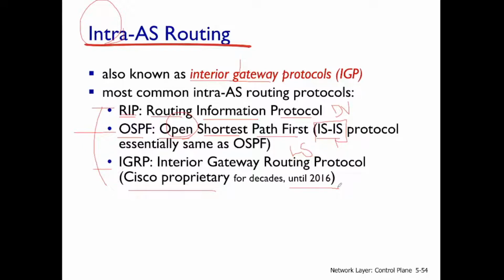If you recall, in software-defined networking, routing is all done in the remote controller on powerful machines. So the routers in SDN pretty much do generalized forwarding, allowing the flow table to be installed, and that's all. There's no need of running routing algorithms on individual routers. So starting from 2016, Cisco stopped maintaining IGRP because there's very little need of doing routing inside the router.